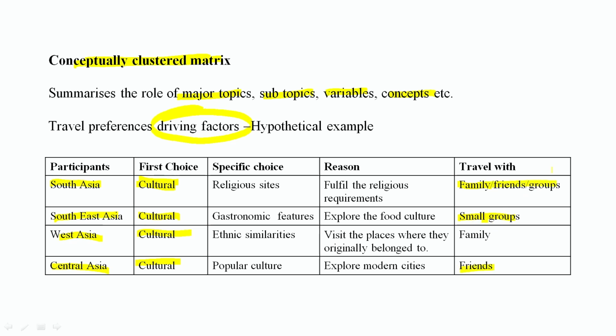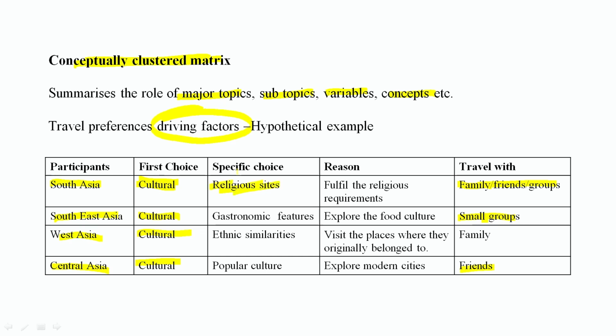Now number 2, people from different regions have different perspectives. So when I conducted interviews, imagine South Asian countries, especially Sri Lanka, India, Nepal. When I got the data, the reflection of the data was religious visits; this dominated.